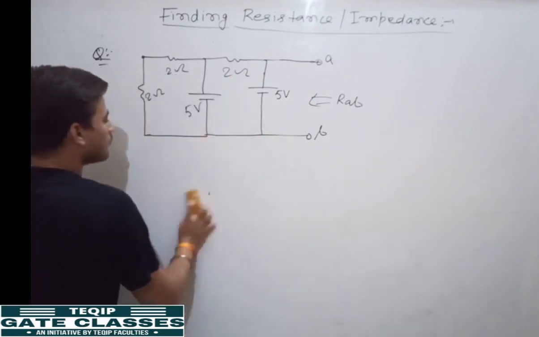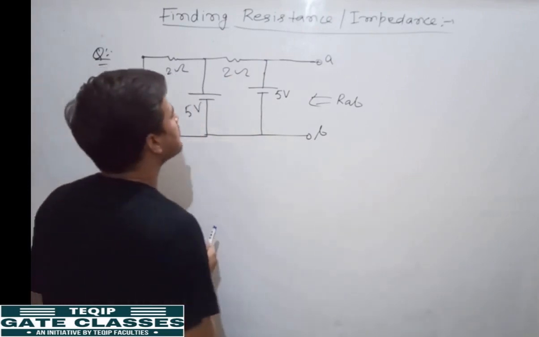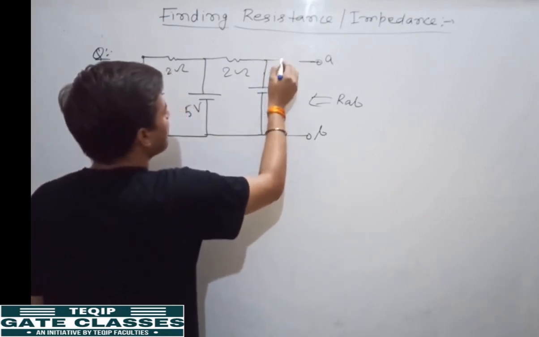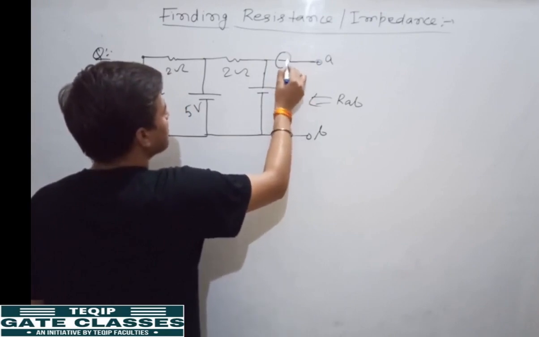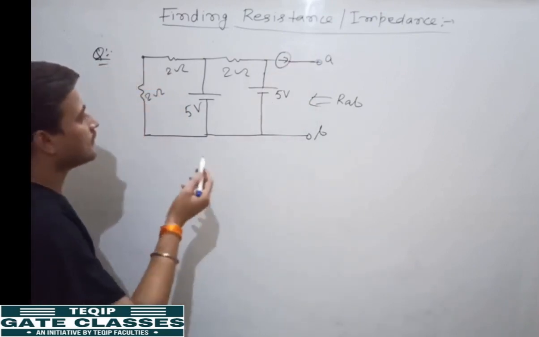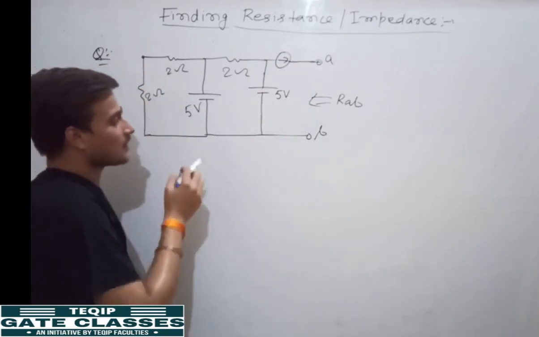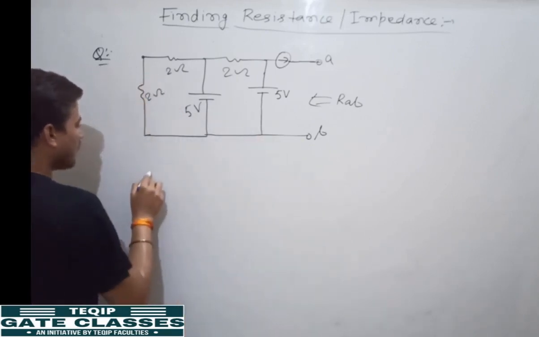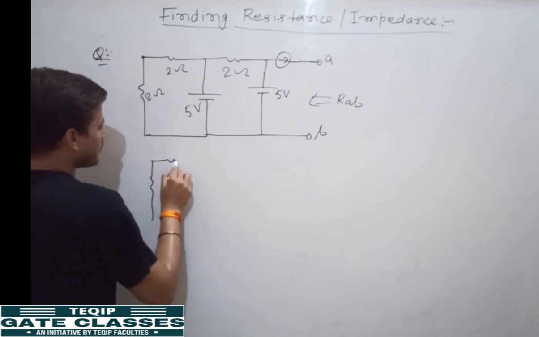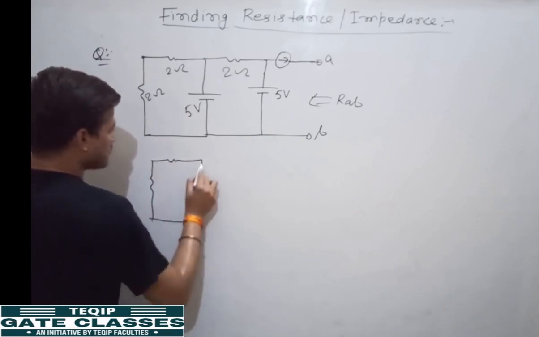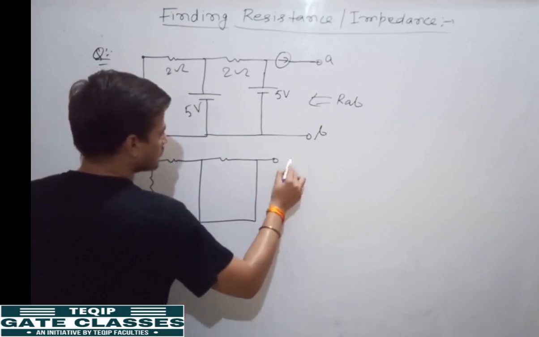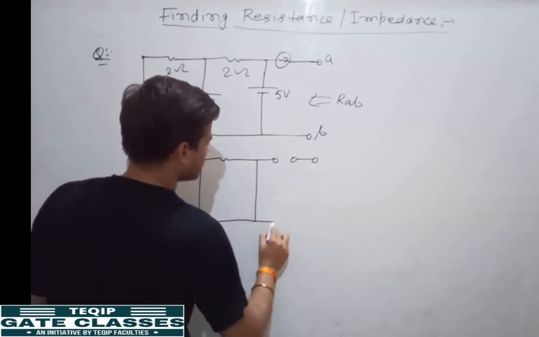Now see one more problem in this circuit. Suppose there is a current source placed in the circuit like this. Next you have to find R_AB. Again, redraw the circuit and deactivate all the sources. This is a current source, so you have to deactivate the current source.